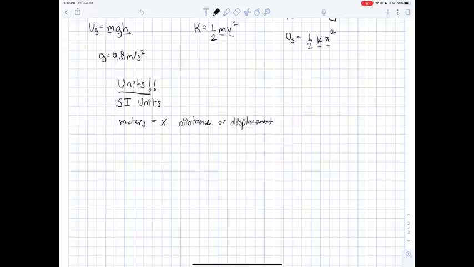When we're talking about seconds, that has to deal with t for time. And when we're talking about, for example, meters per second, this is velocity. Meters per second squared is acceleration.